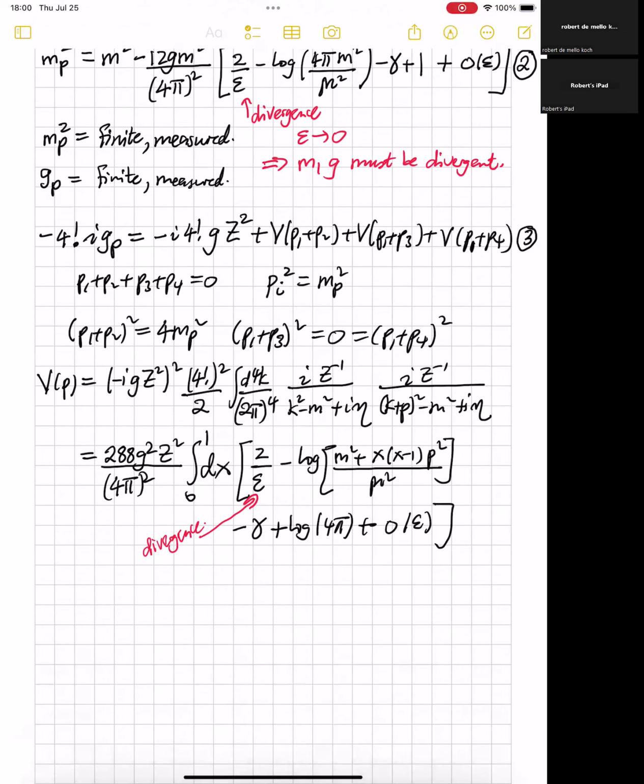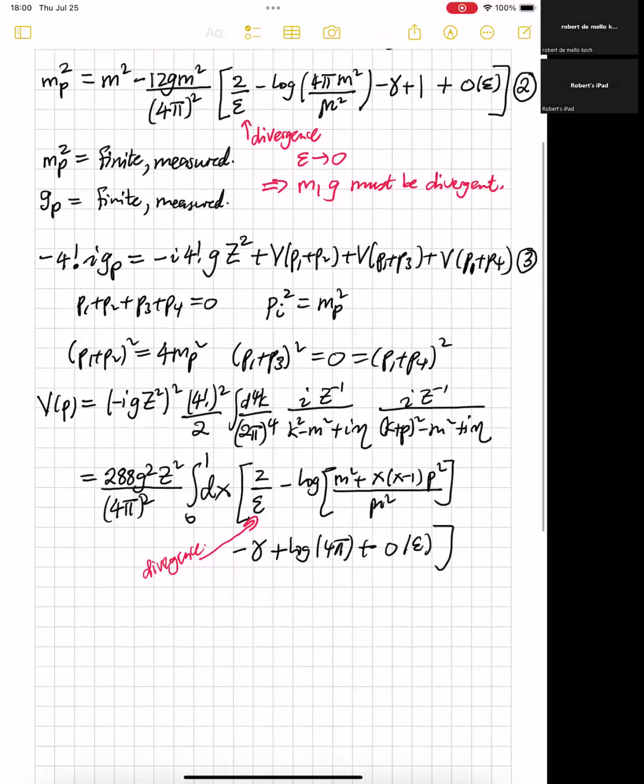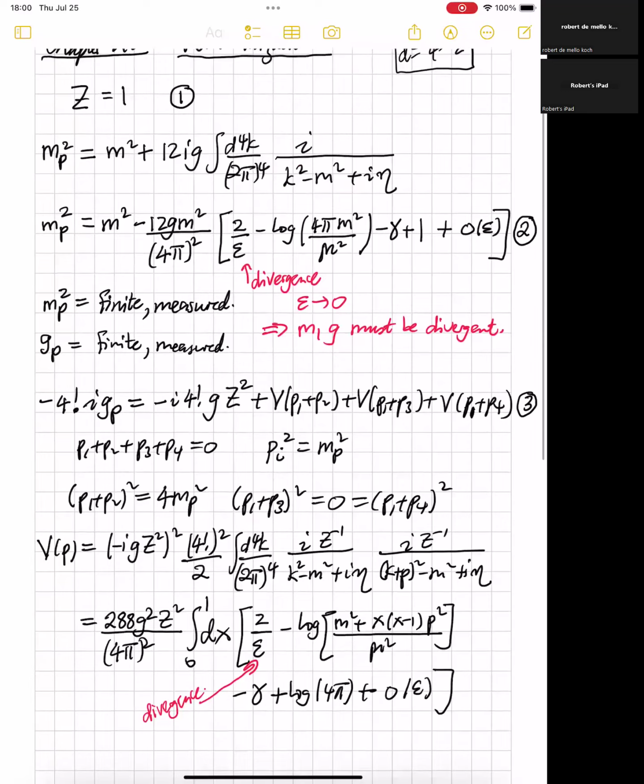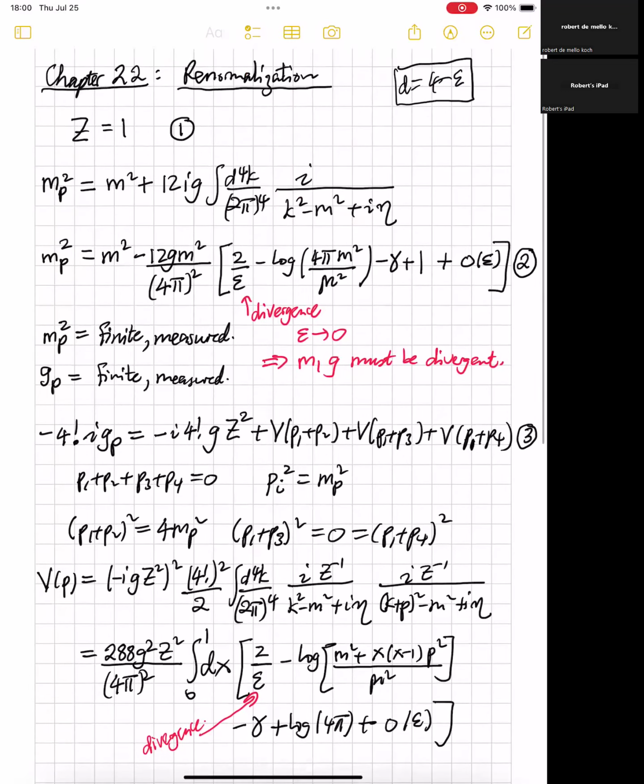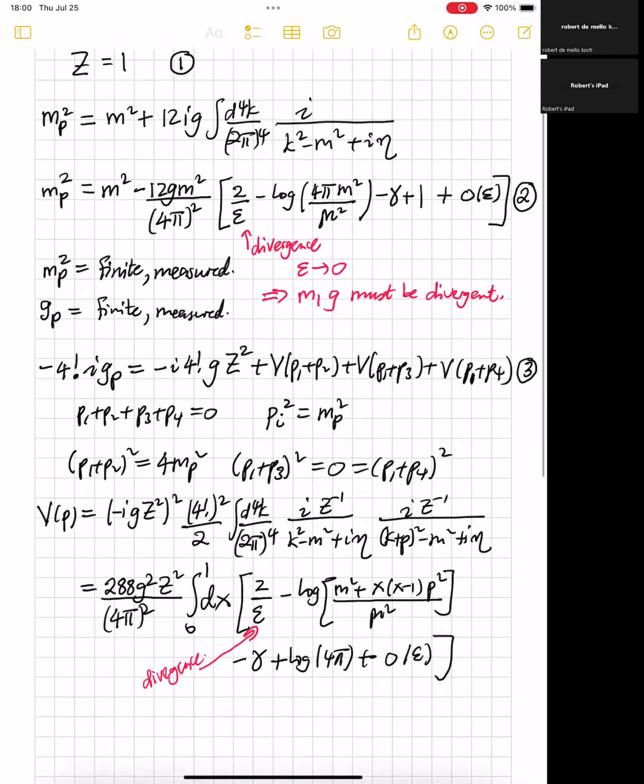Now, what kinds of things do we want to do? So we're going to use these matching conditions. So we're going to use equations 1, 2, and 3. They're now well defined as long as we don't set epsilon equal to 0.